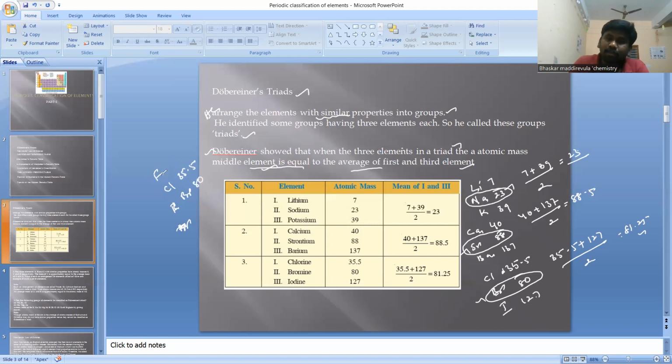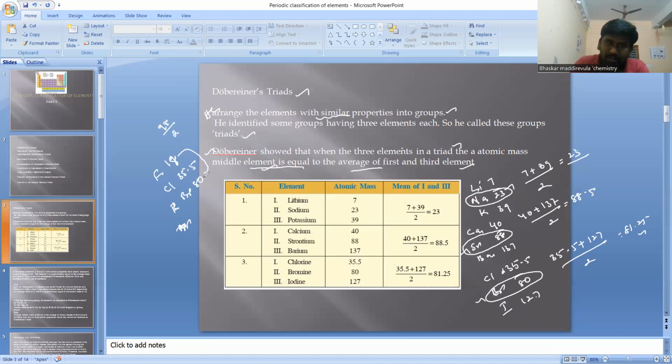If you see the fluorine atomic mass, its atomic number is 9, and its atomic mass is around 19. So the atomic masses of the first and third elements are not close, and their sum is around 98.